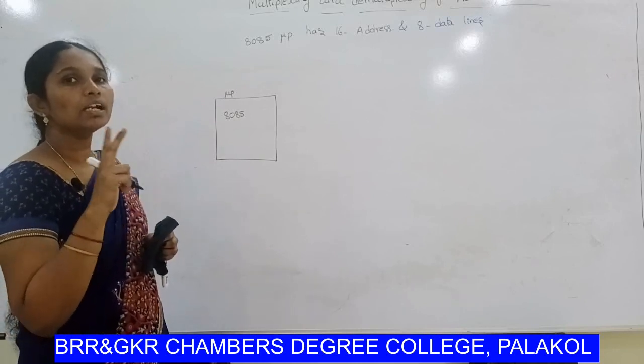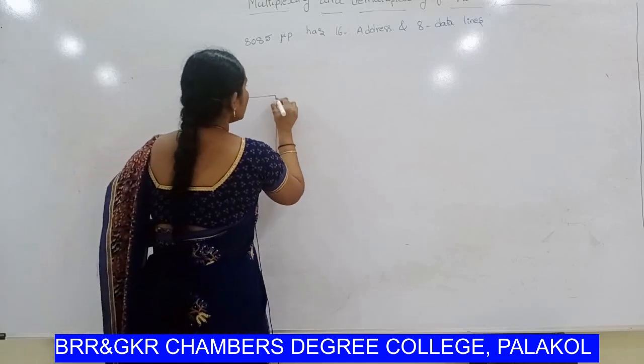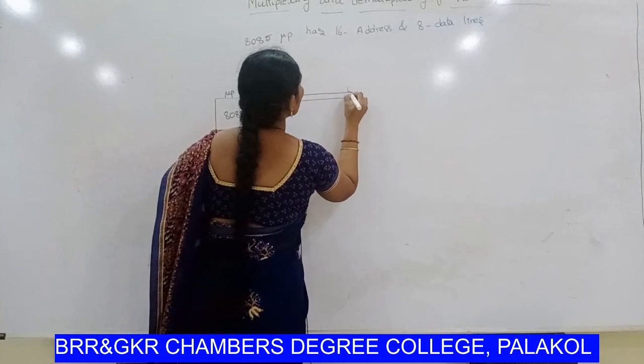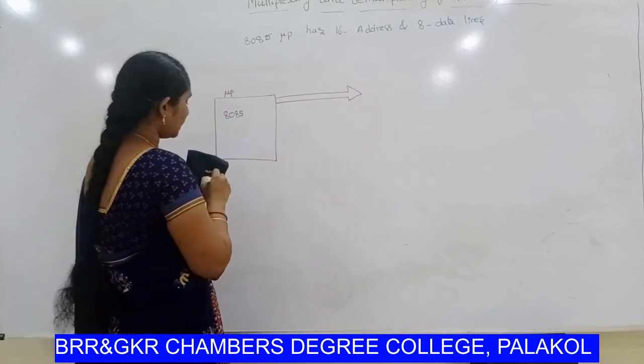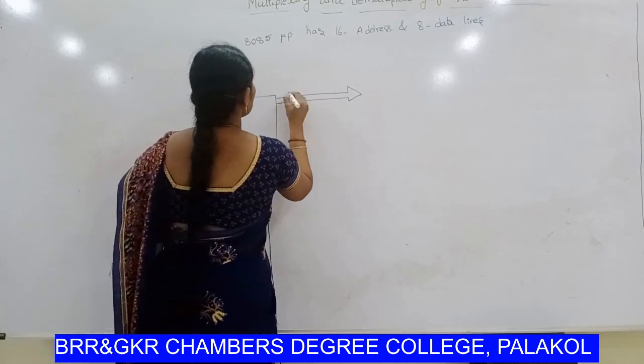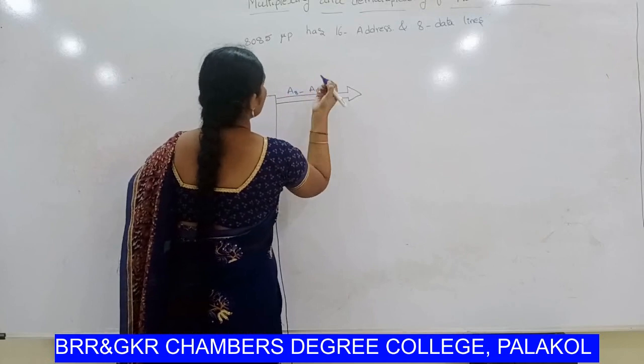That means an 8085 microprocessor has higher order address lines, and those higher order address lines are A8 to A15.